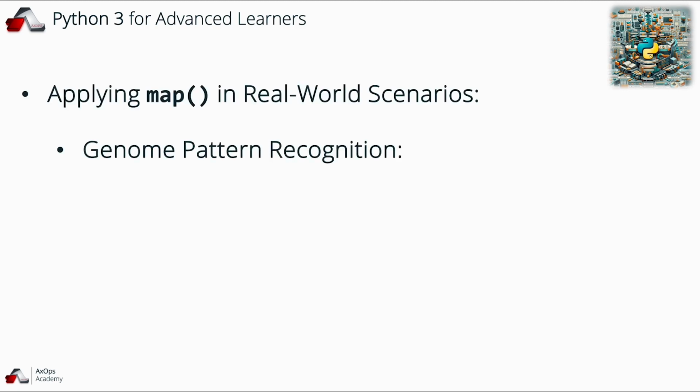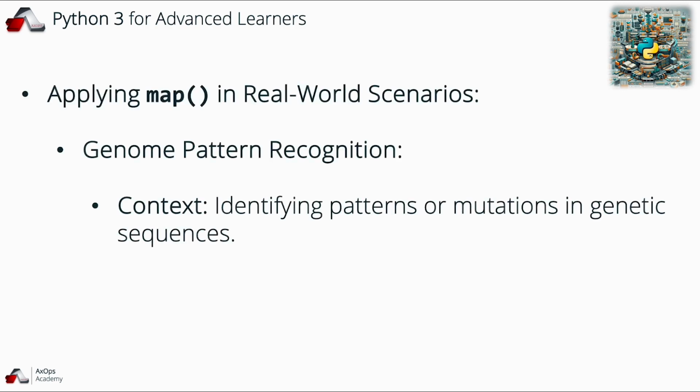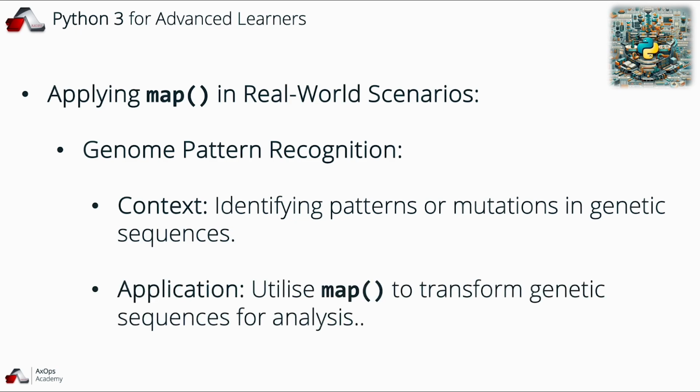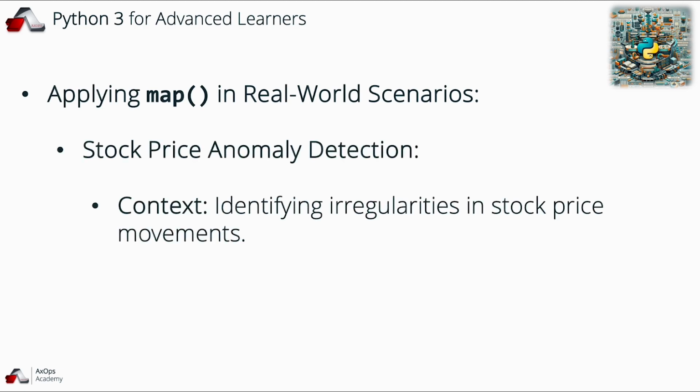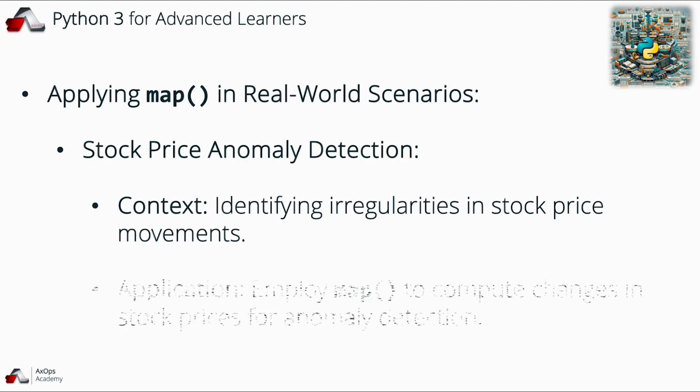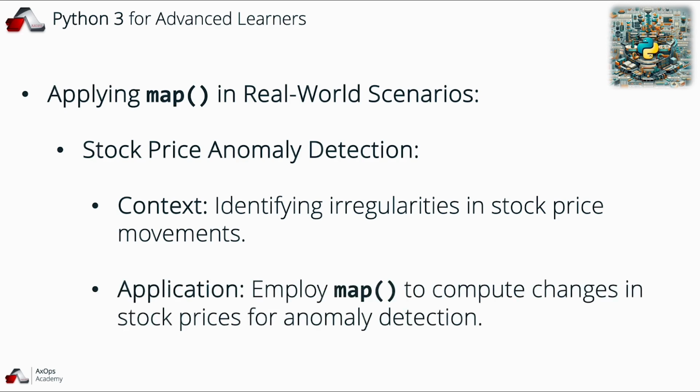In genome pattern recognition, the context could be identifying patterns or mutations in genetic sequences, and the application of map could be to utilize it to transform genetic sequences for subsequent analysis. In stock price anomaly detection, the context could be identifying irregularities in stock price movements, the application being to employ map to compute changes in stock prices for said anomaly detection.